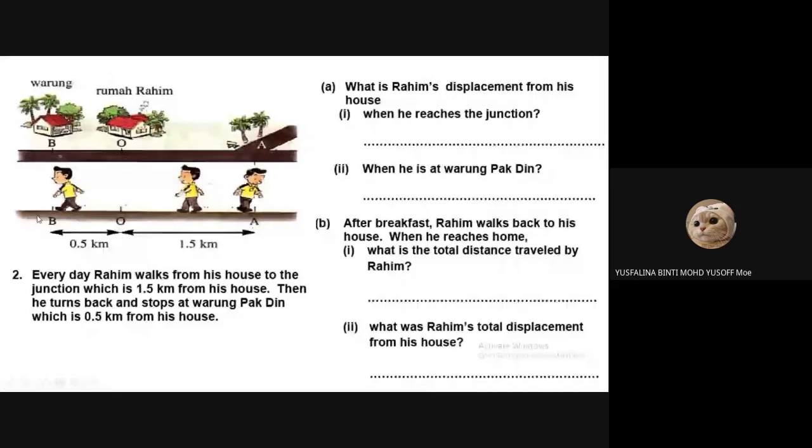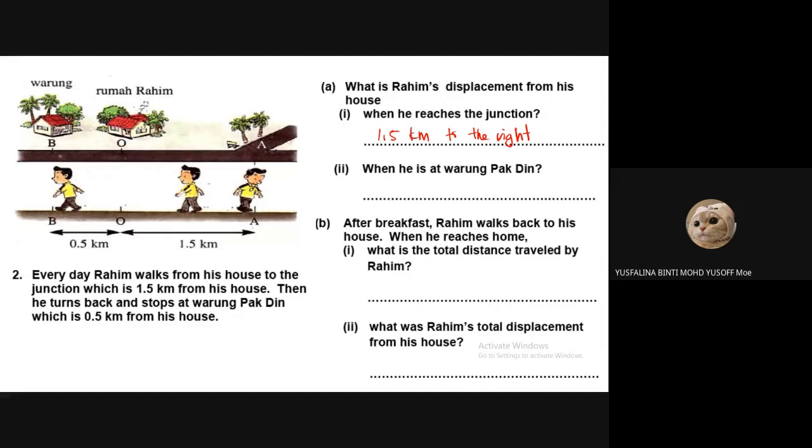So 1.5 kilometer to the right. Correct. Then for 2, when he is at Warong Pak Din, the answer is 0.5 kilometer to the west, 0.5 kilometer to the left.